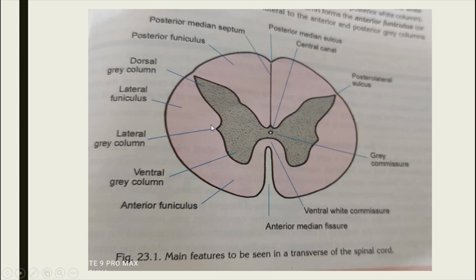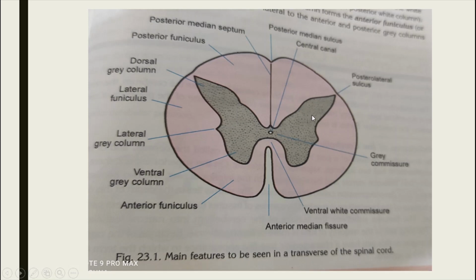The right and left halves can again be divided into the posterior column or posterior funiculus, the anterior column or anterior funiculus, and the lateral column or lateral funiculus. It can be seen on either side: the anterior and posterior compartments with the lateral compartment.